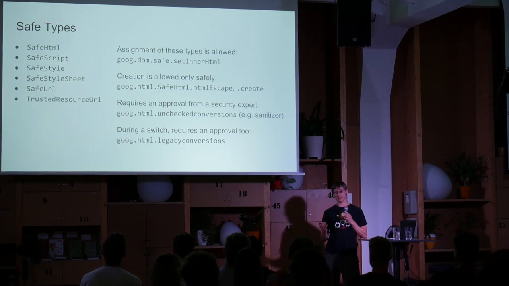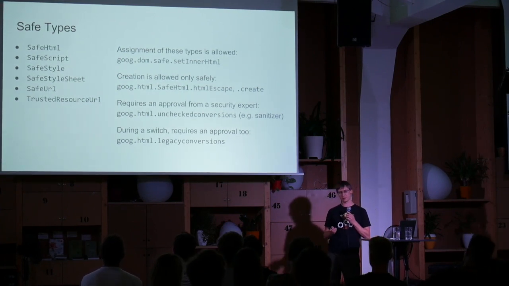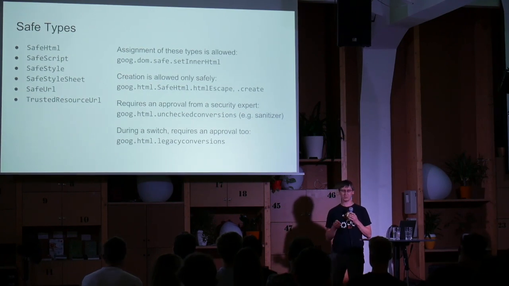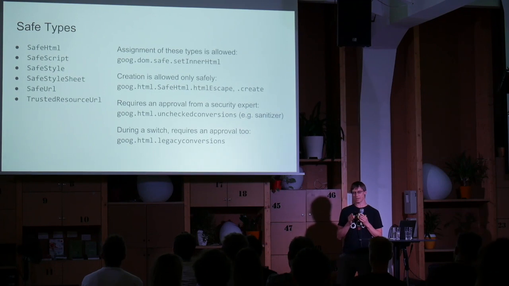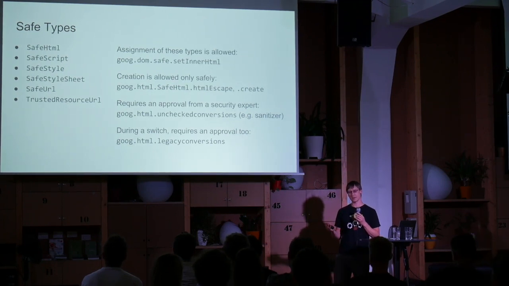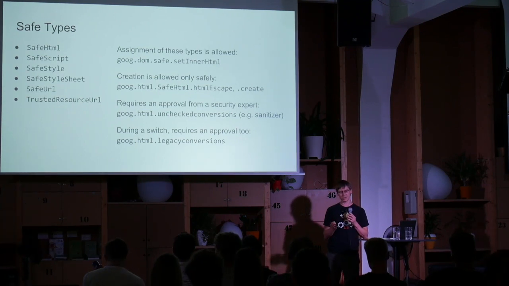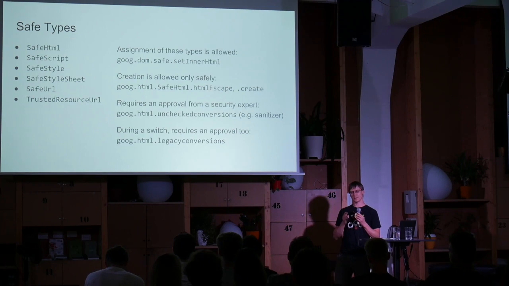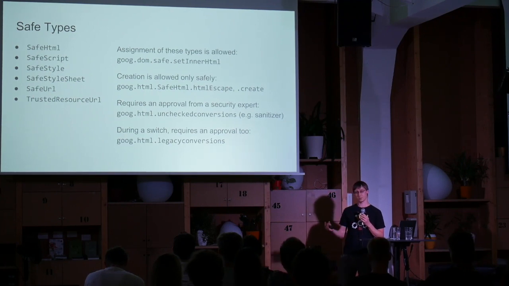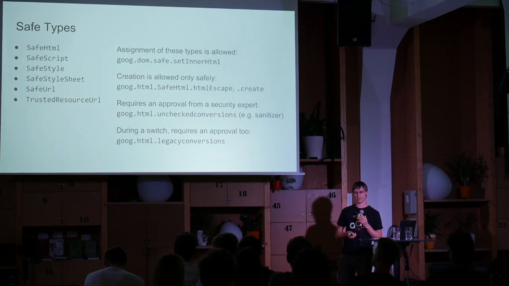But the thing is that this value, the inner value of the SafeHtml, is protected, and the developer can't access it directly, right? And there's only a provably safe way to create SafeHtml, which means that anywhere in the application, you can create SafeHtml or the other types. We know that the contents of the SafeHtml is safe because there are only safe methods to create it.